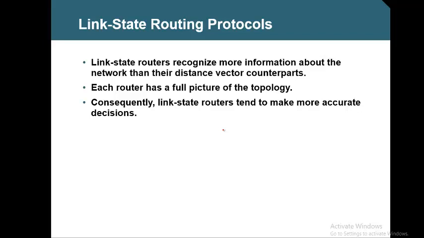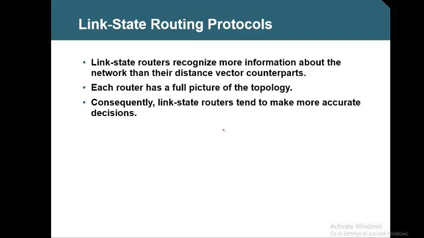If you take EIGRP or BGP, you'll have only partial topology because only the best routes are advertised. I'm including BGP. Only the best routes are advertised. Whereas in OSPF, the complete picture of topology is used.